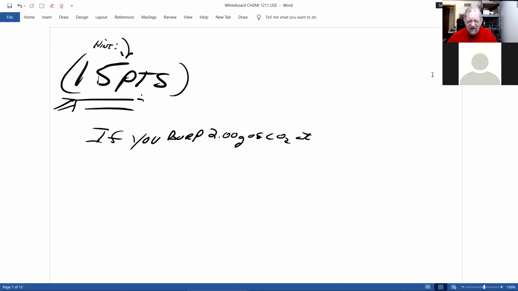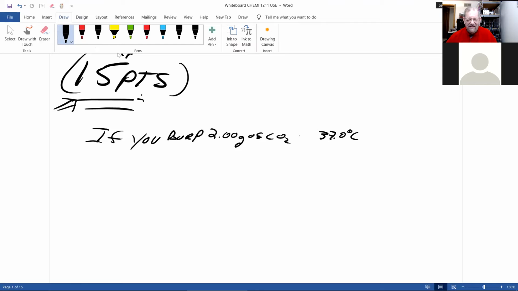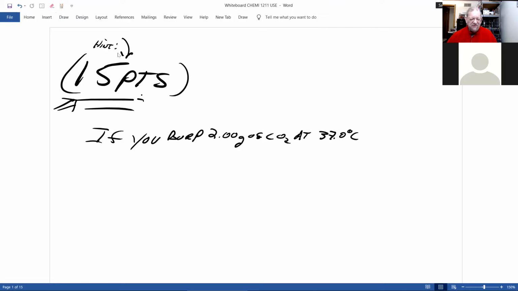And the body temperature in Celsius is approximately this. There, for those who can't read script or cursive.